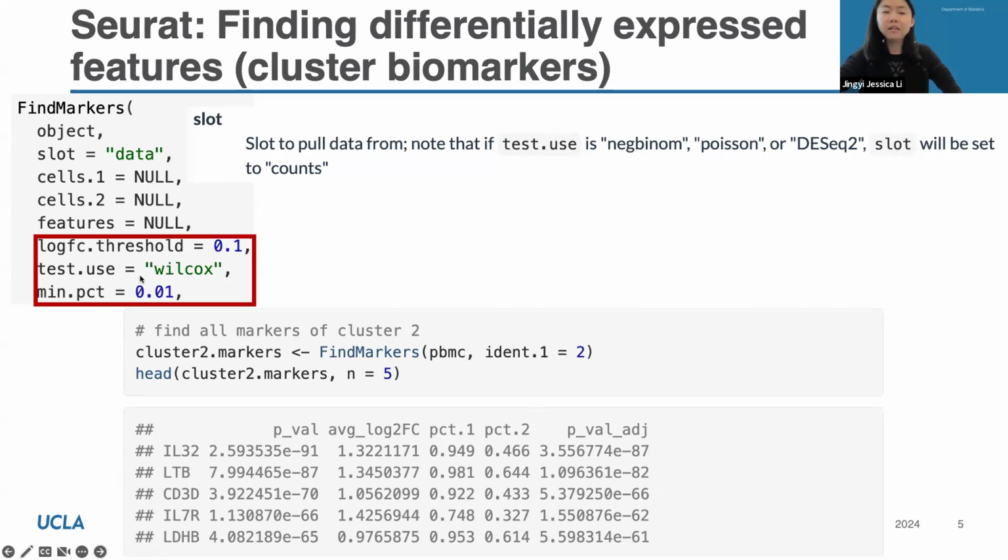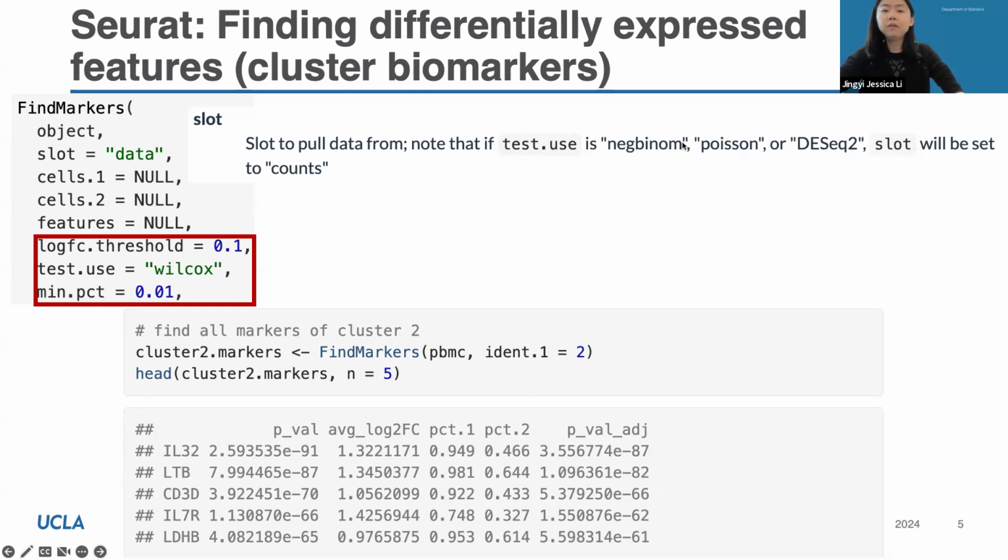And the second argument is test.use. Here, the default is the Wilcoxon rank sum test, which we will discuss later. Just for your information, Seurat has other tests for you to use, including negative binomial, Poisson, or DESeq2. These methods are all designed for count data.